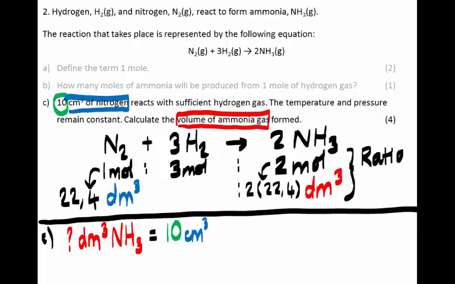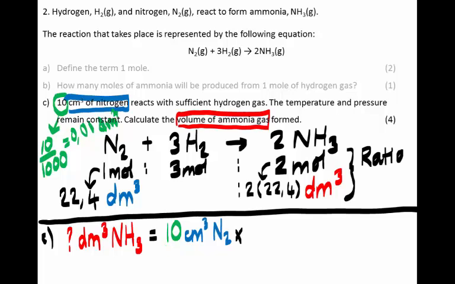Okay, now we need to be careful because this is centimeter cubed, but we actually need decimeter cubed. So you could have just immediately divided 10 by 1,000 to convert centimeter cubed into decimeter cubed, which is 0,01 decimeter cubed. So then we could just straight away have written here 0,01 decimeter cubed. But maybe let's go the long way.